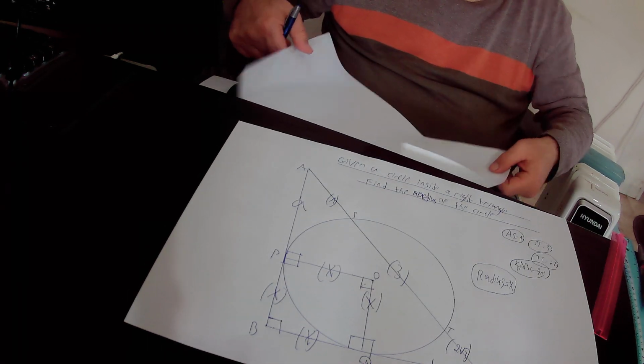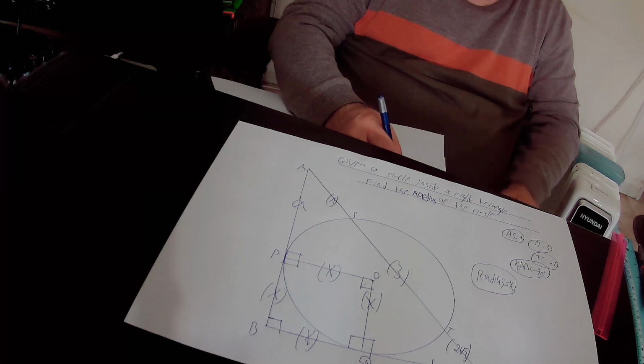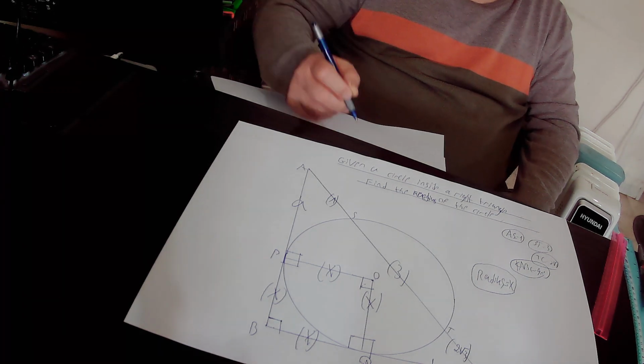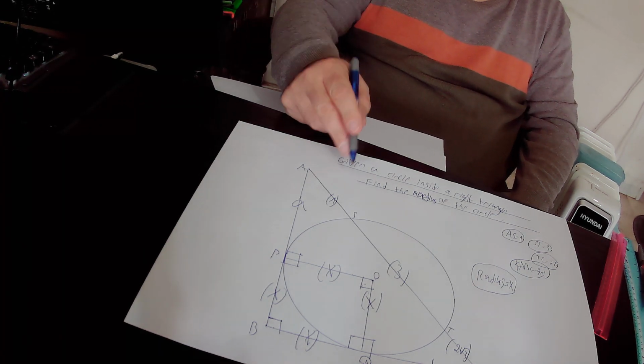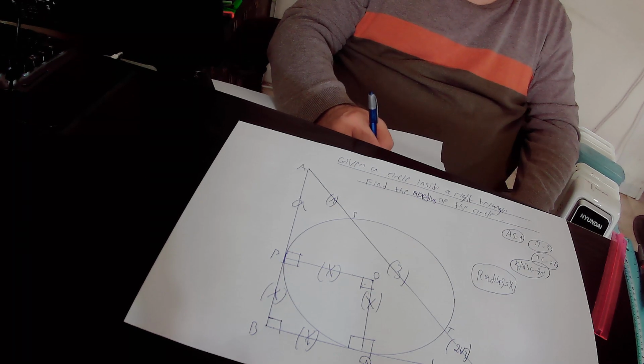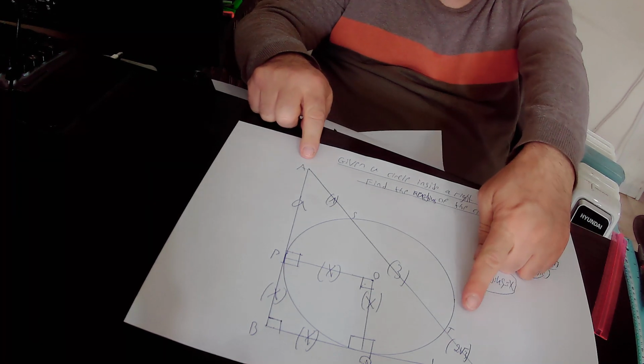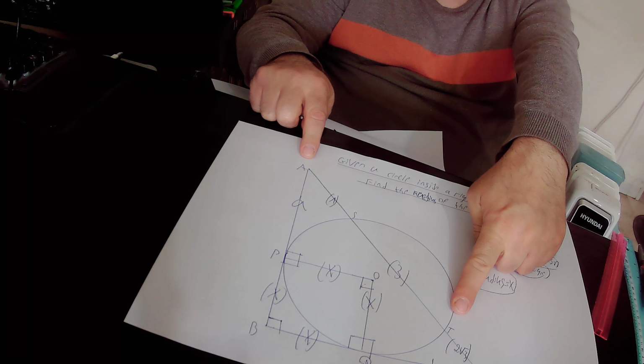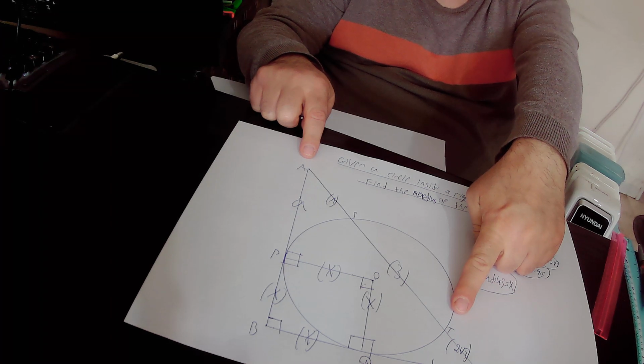AP is A, therefore AP squared is A squared, so A squared will be equal to AS. AS is 1 times AT. AT is 1 plus 3.